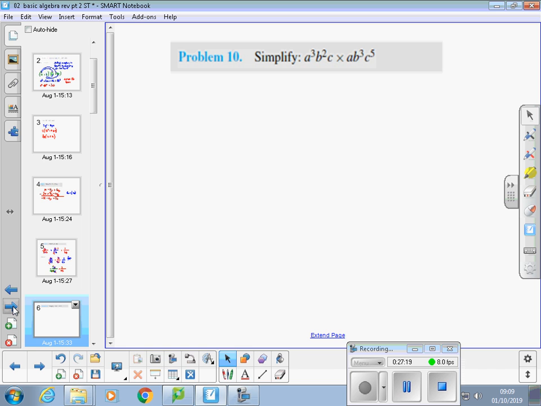So, simplify a to the power 3 b squared c times a b cubed times c to the 5.